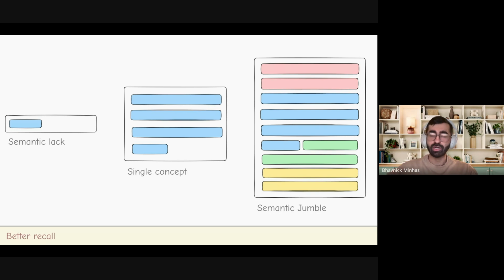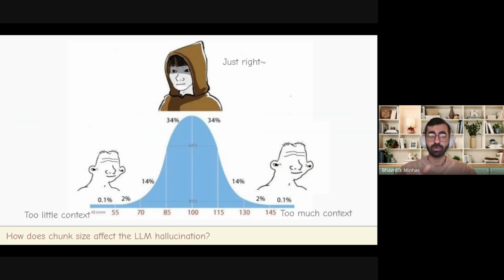If you add in more advanced RAGs and you have re-rankers, that's the third one, but even that would benefit from a Goldilocks zone. But generally, how does your chunk size affect LLM hallucination for your generator? It's the same way. That's been noticed by a lot of previous research: if you have too much context, LLMs hallucinate more.